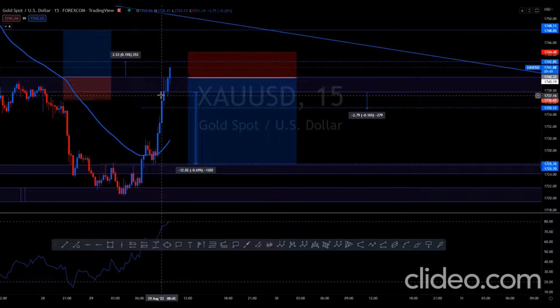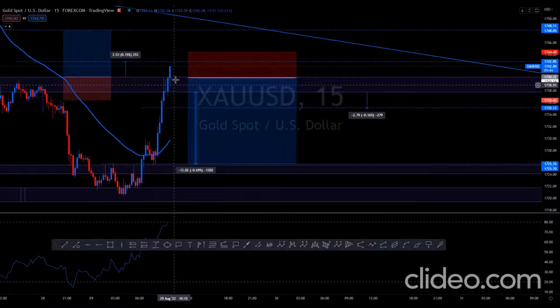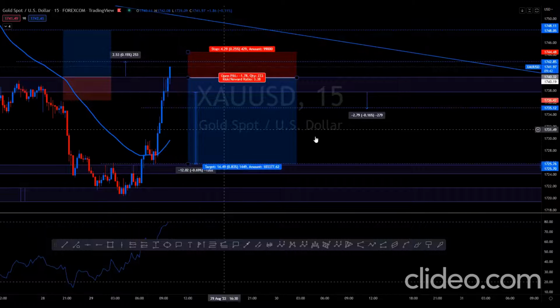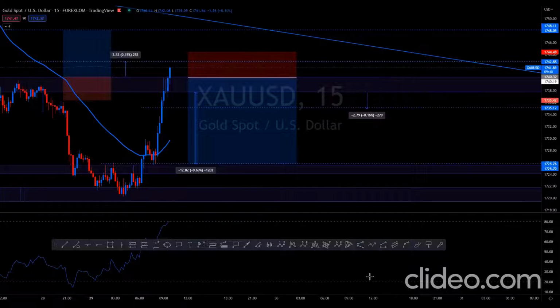Figured price was going to buy up because there was structure here, and it broke it and did a swing and pushed on up. So that makes perfect sense. Let's see if it goes up a little bit more.